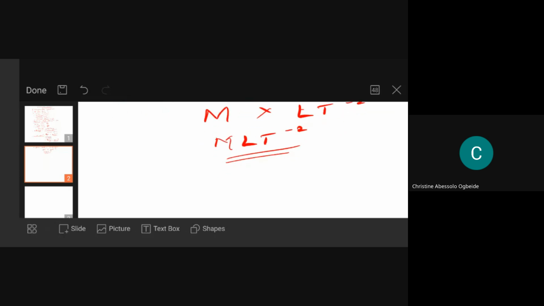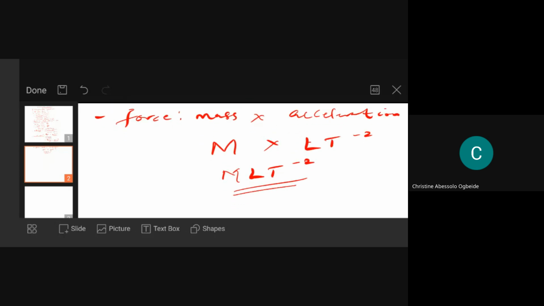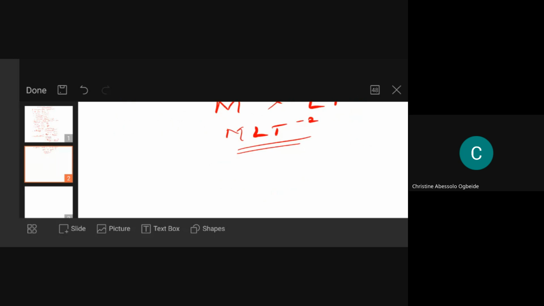The other one I want us to do, I'm taking time to write out formulas that are somewhat related, is pressure. And how do I define pressure? Pressure is simply force all over area. That's the basic formula for pressure. From what I did in the last one, we already found that the dimension for force is MLT minus 2. So MLT minus 2 divided by area.